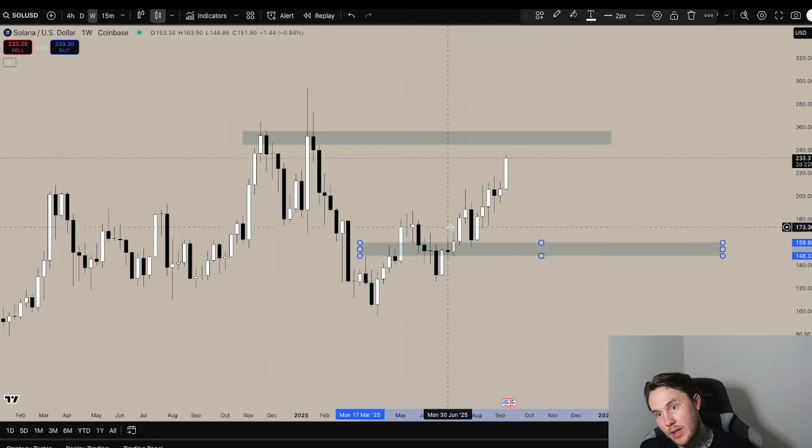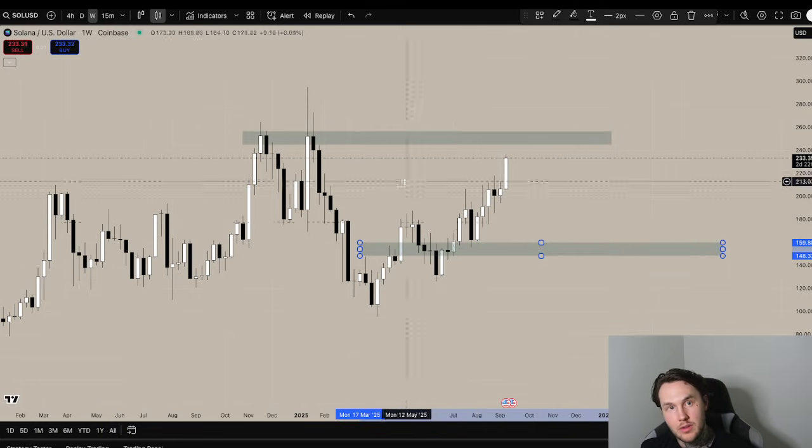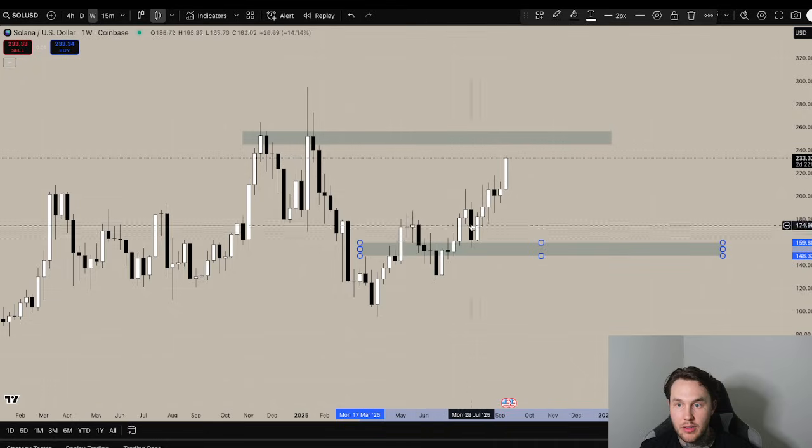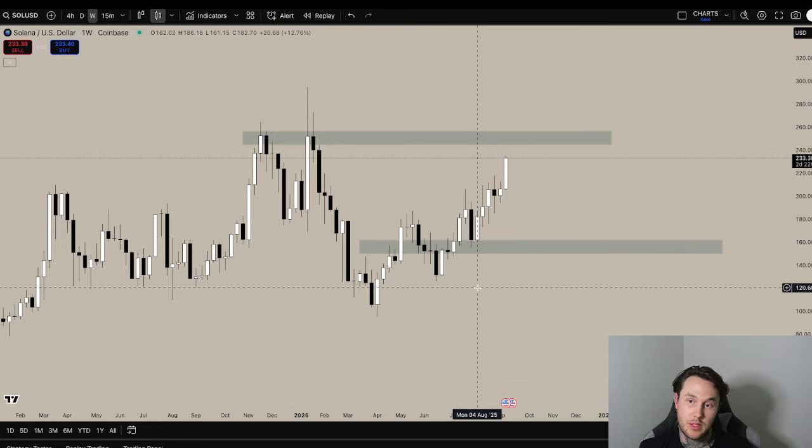We want price to close above the resistance zone or the support zone, depending on where the market's going. You need a strong, solid close. On the weekly or the daily are both good indicators of a strong close. You need price to close and then have a retracement back to that now support zone, which was once resistance. Once you do that, then you're primed to trade the move.